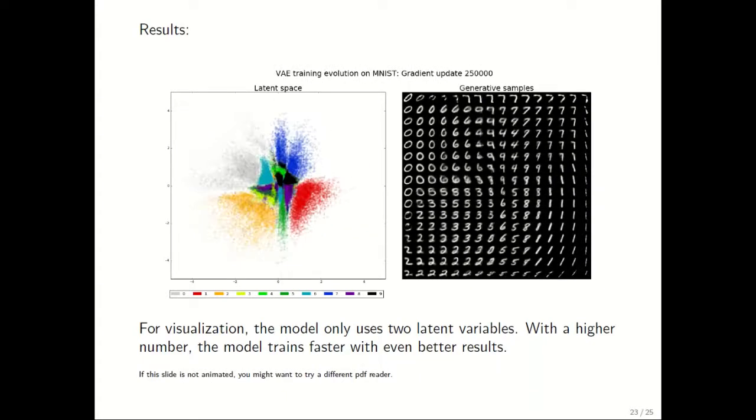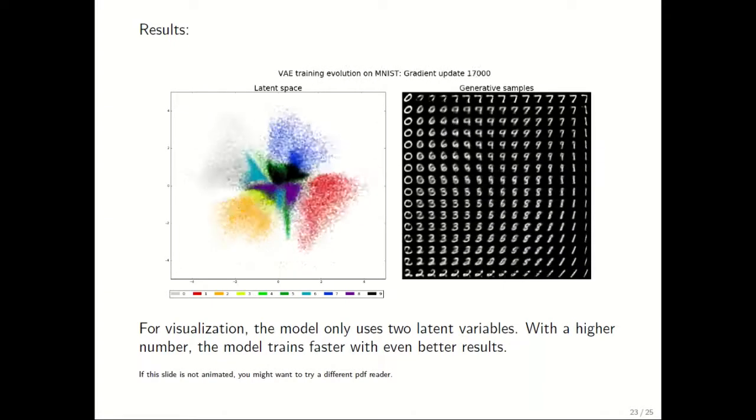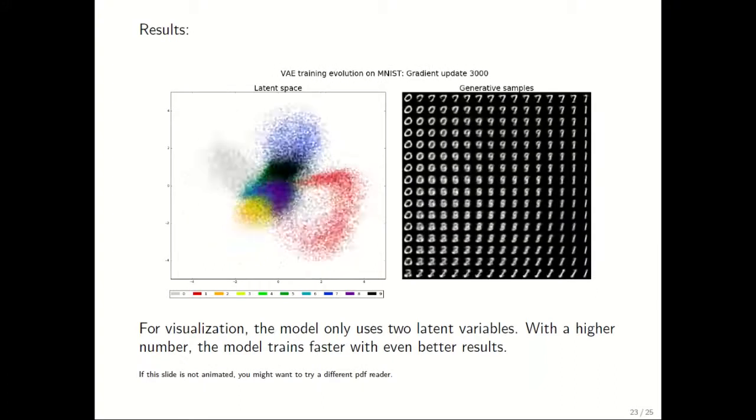Or, for example, that if you write a messy 1, it looks like a 7. This is also depicted here. You can see that in the samples. And you can see that also because 1s and 7s, these are the red labels and the blue labels, they are actually neighboring sections in this latent space.